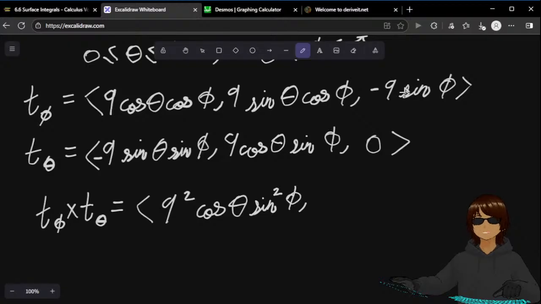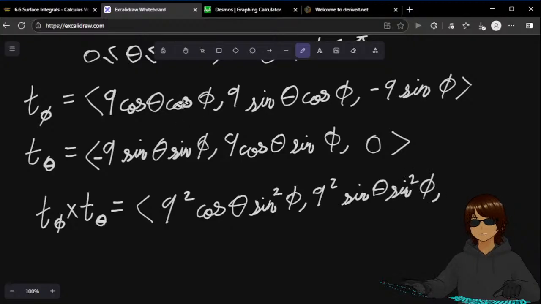It would be plus, right? Because it's in the middle. So 9 square. This times this minus this times this, but because of the minus, it will become plus. So this times this plus this, excluding the minus, times this, right?